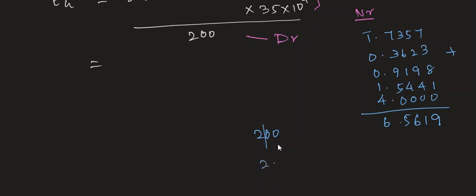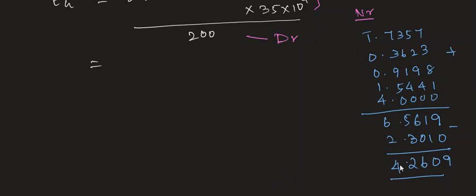That is 2.3010. Now subtract. 9, 0, 6, 5 minus 3, 2, 6 minus 2, 4.